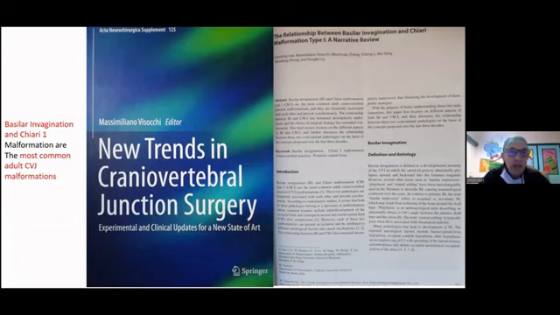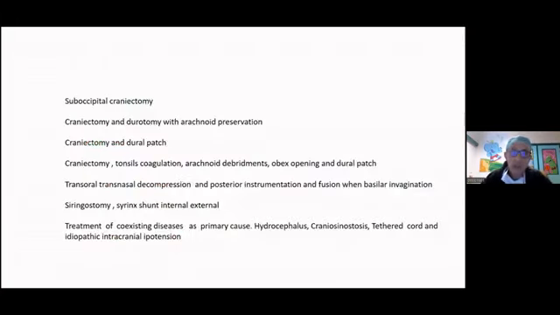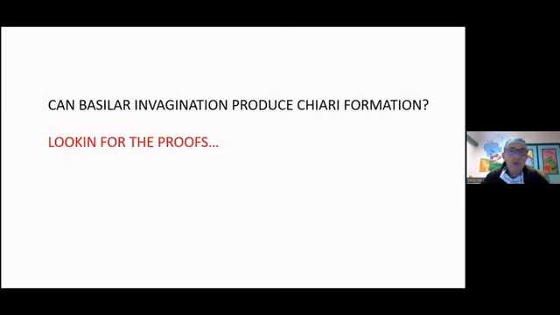Many papers are published so far dealing with the association of basilar invagination and Chiari 1 malformation. The most commonly used technique is anterior and posterior: anterior, generally transnasal or transoral decompression, and posterior decompression and/or C1-C2, or C0-C2, or C3 instrumentation and fusion.